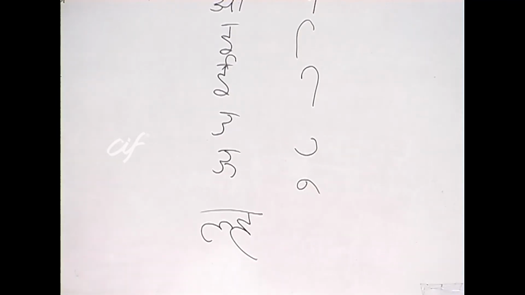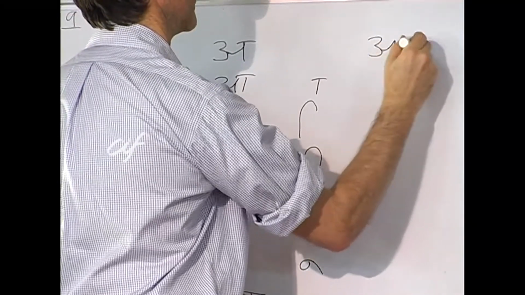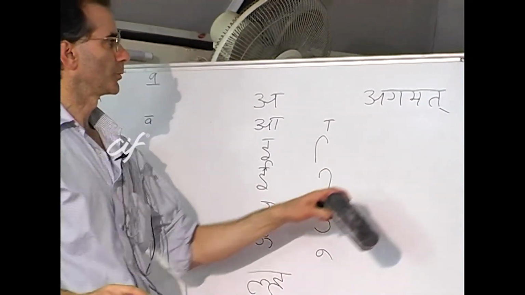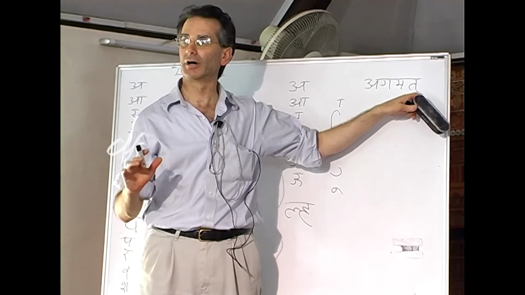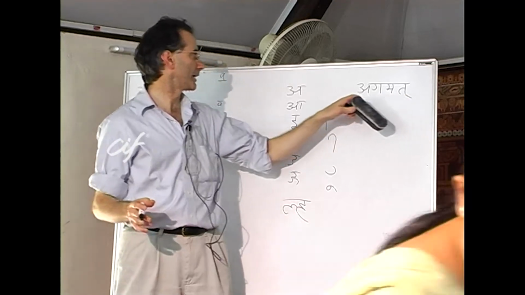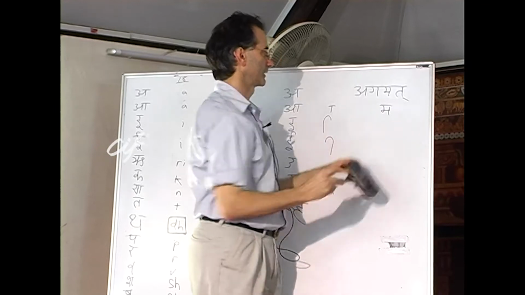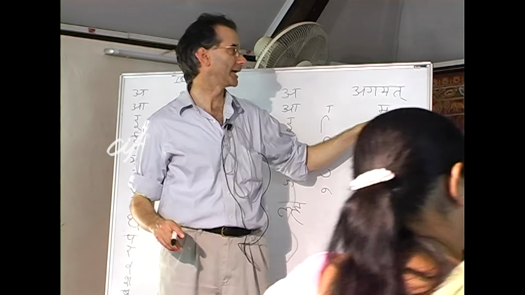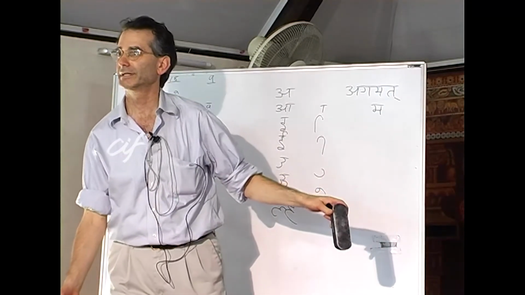Okay, so we have, first of all, something like Agamat. Here we're representing the absence of a by a mark, and the presence of a in this ma, right? The presence of ma by the absence of a mark, and the absence of a phoneme by the presence of a mark, right?